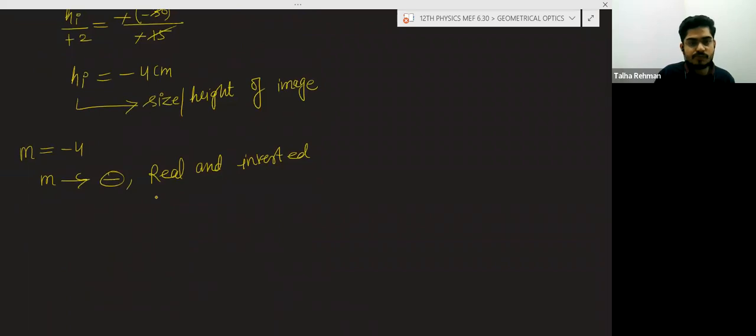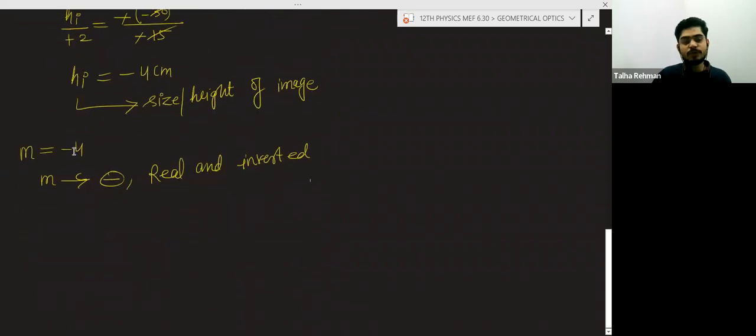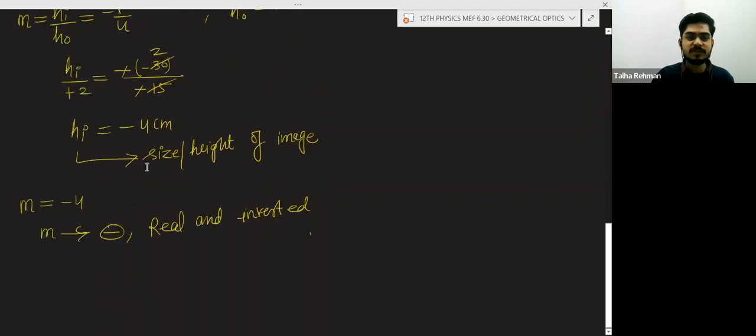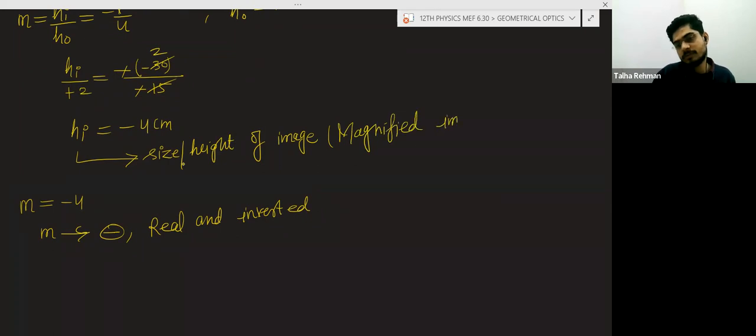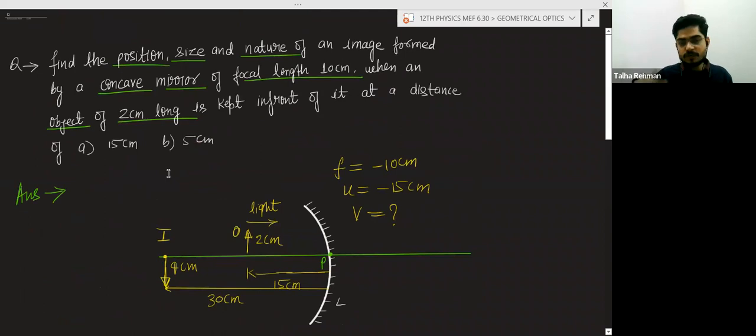And the magnitude of magnification is greater than 1. So you can say height of the image is greater than the height of the object, or you can say the image is enlarged or magnified. Okay, so in this way you have to solve the question.